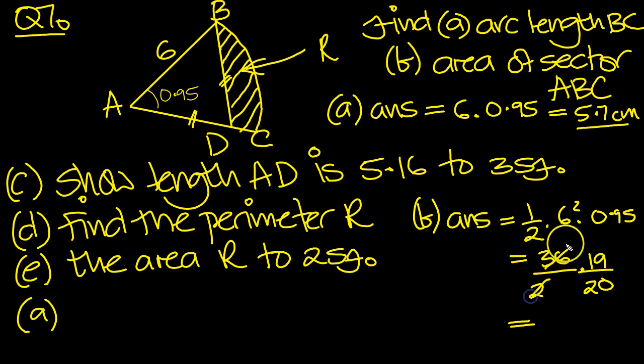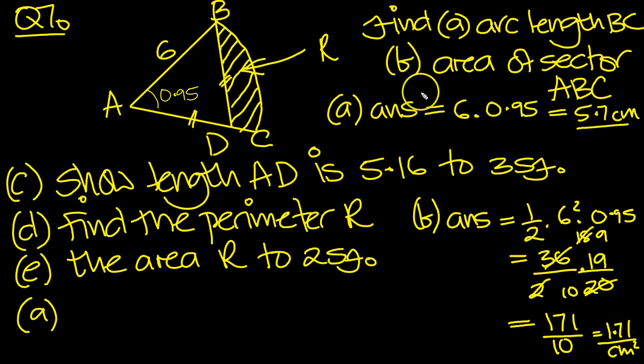This is 18, then there's a 10, and this is now a 9. 9 times 19 is 171, divided by 10, which is 17.1. And that's centimeters squared. Okay, that's B done then.